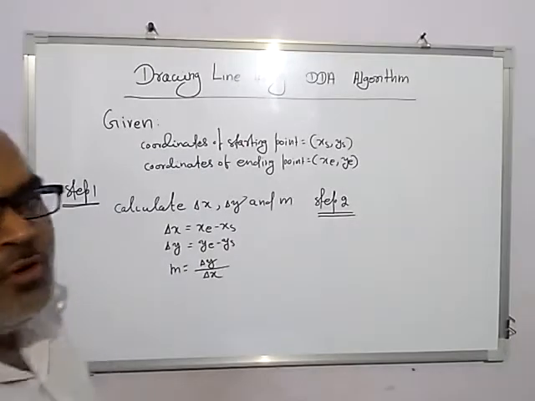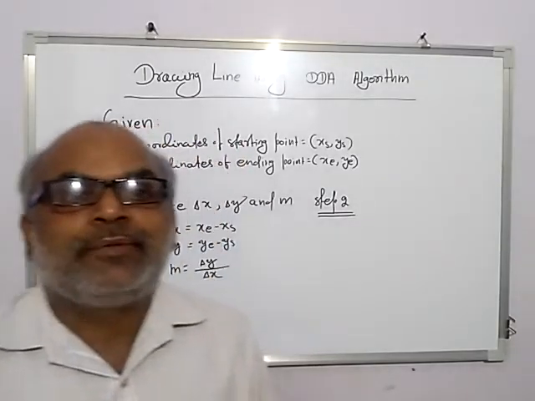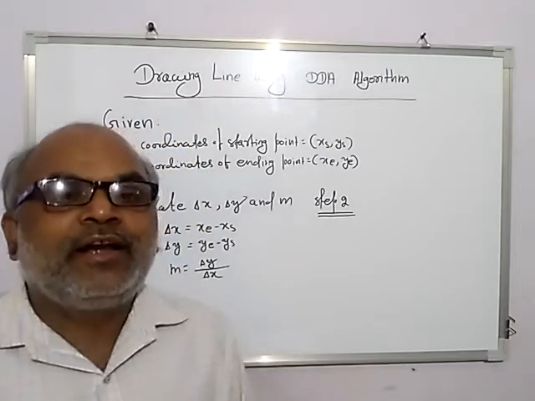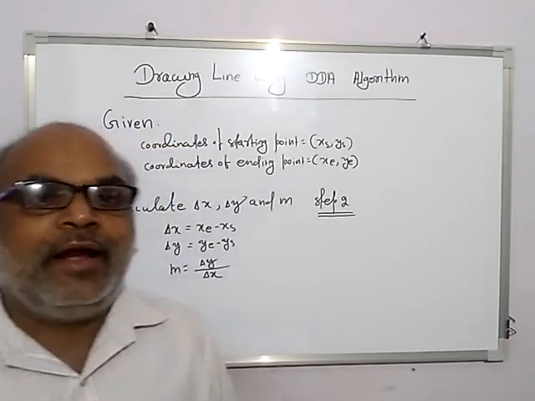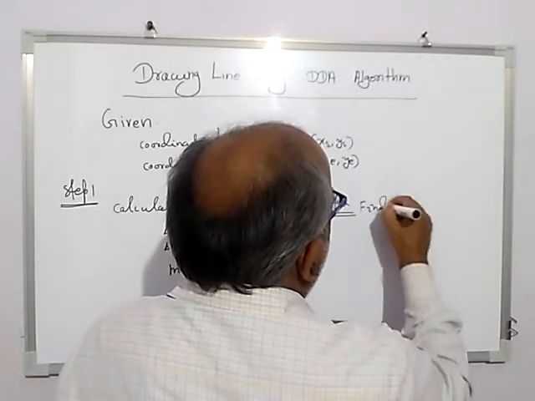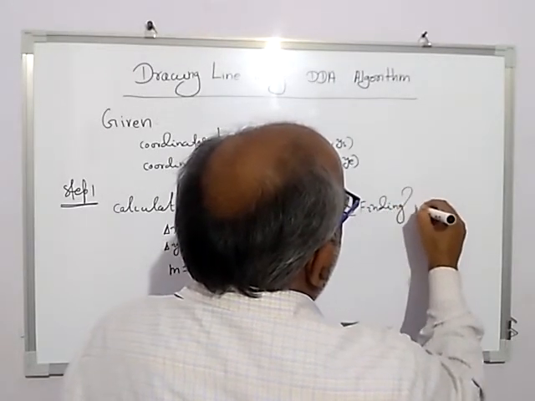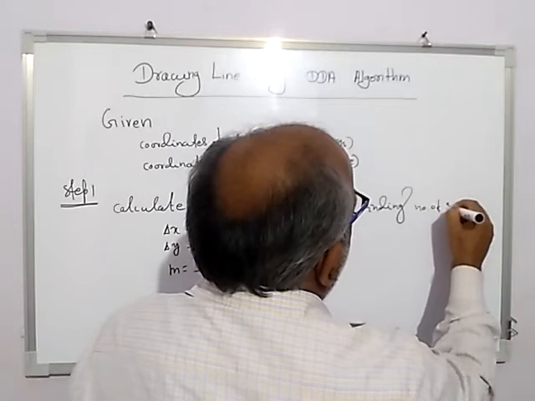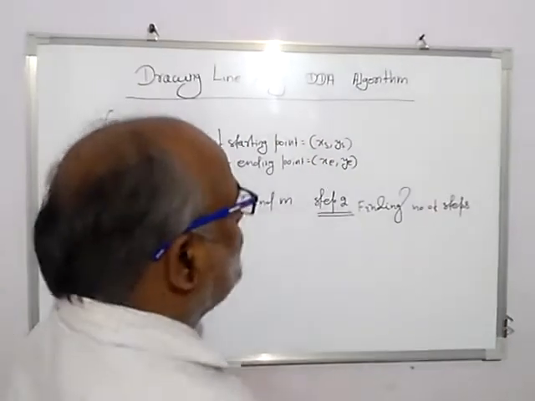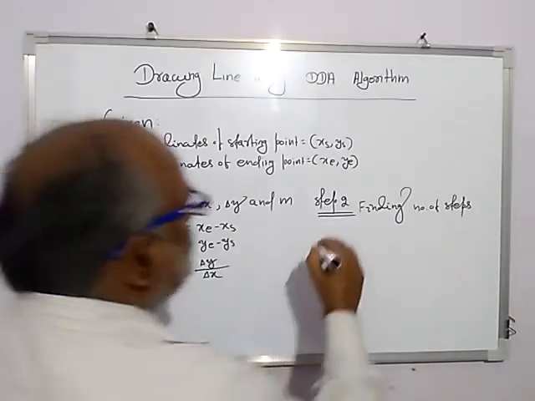Step 2, find the number of steps, meaning how many points we have to generate between the starting point and ending point. How to find the number of steps?